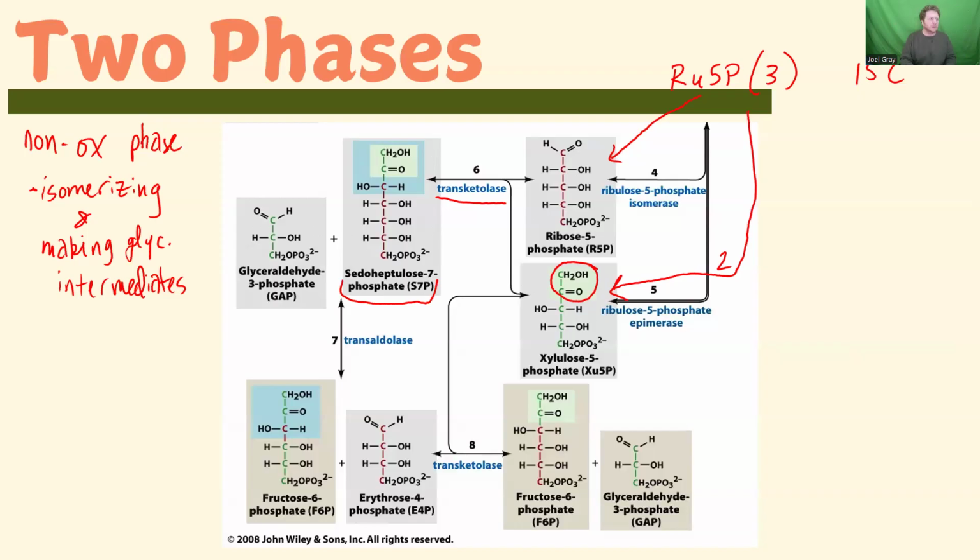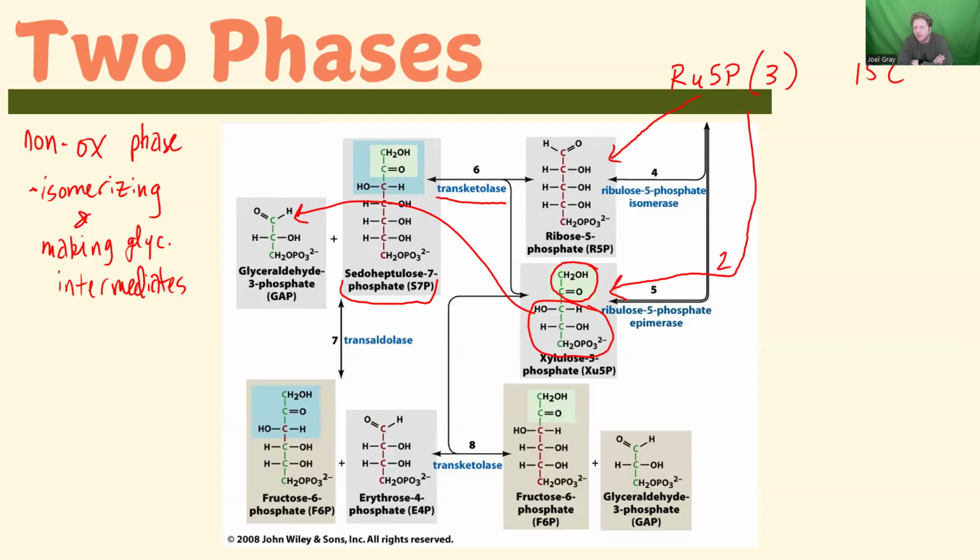But what happens to the other 3 carbons of that xylulose 5-phosphate molecule? These become glyceraldehyde 3-phosphate. Now, stop the press real quick. We've taken 2 5-carbon molecules and made a 7-carbon molecule, and we've left behind a 3-carbon molecule. Glyceraldehyde 3-phosphate, have we seen that before? We have.